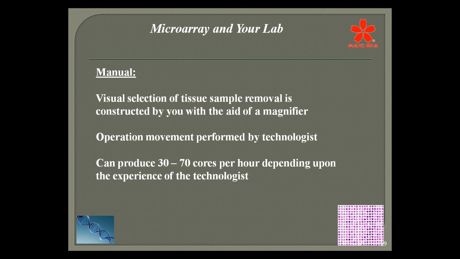Operation movement is performed by you, the technologist, and can produce 30 to 70 cores per hour depending upon the experience of the technologist. Probably in the beginning you're not going to get that speed, but the more you do it, the more proficient that you become. It's an education process for you to gain the experience and the speed in which to get these accomplished in a short period of time.